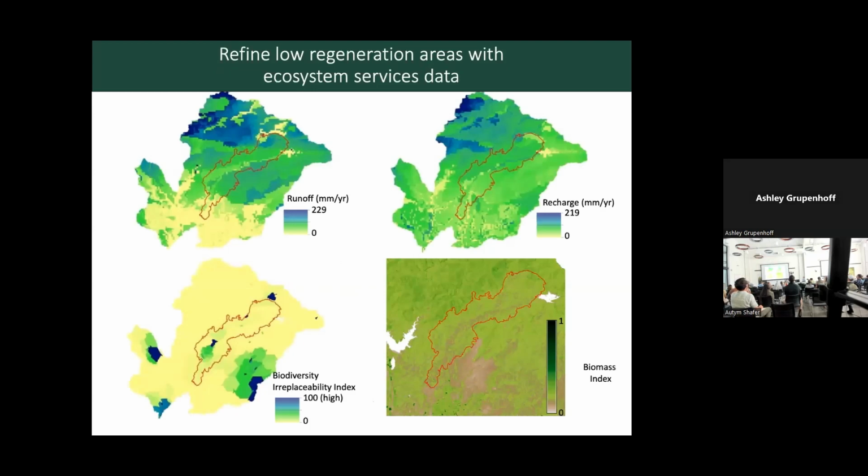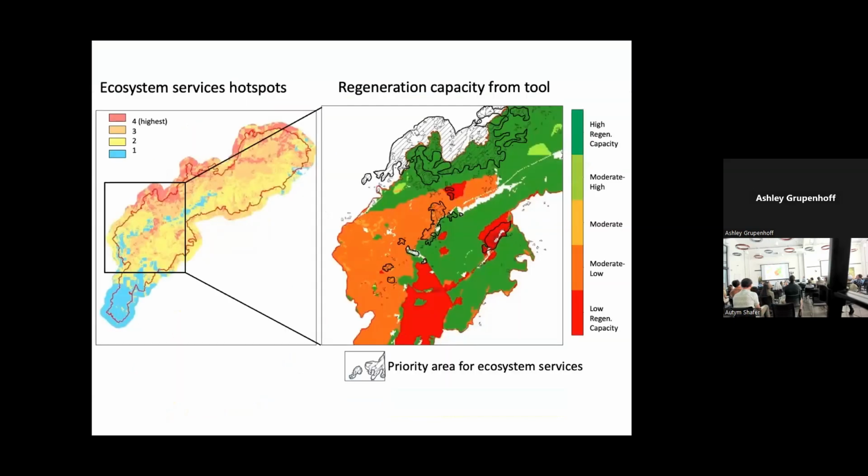I also wanted to touch on how we can use the outputs from the PREP tool with other information to try to hone in on specific areas for restoration. So these are using data from the EcoServe tool, the 4 ecosystem services here, runoff, recharge and biodiversity and biomass. So we can integrate those together to provide hotspots of services.